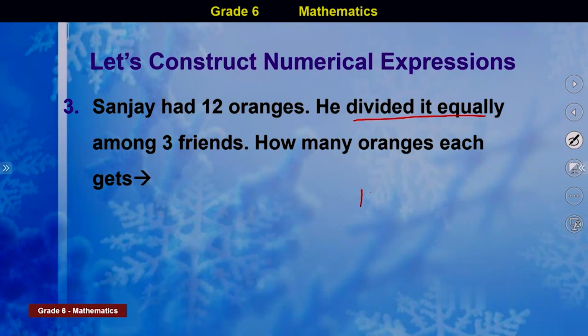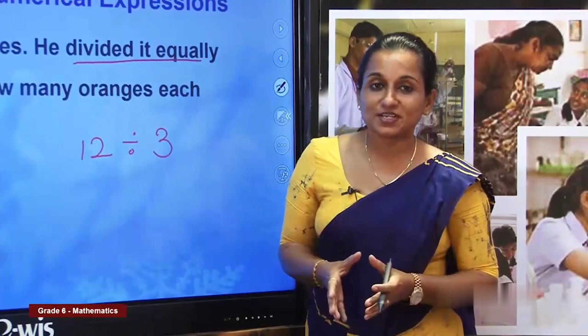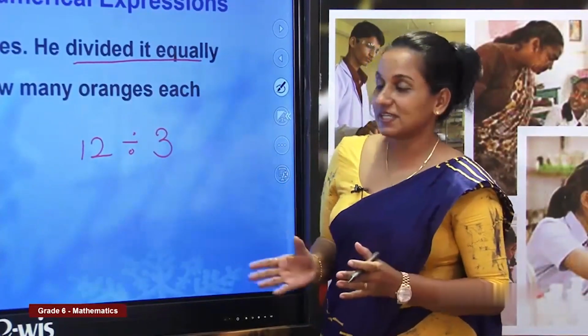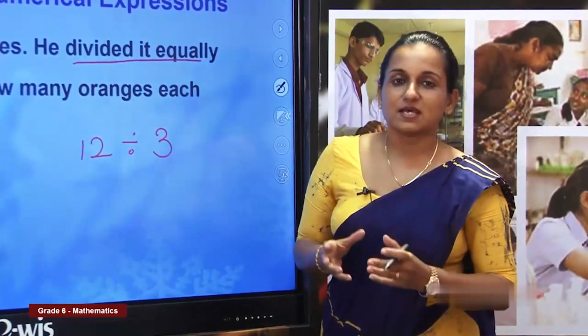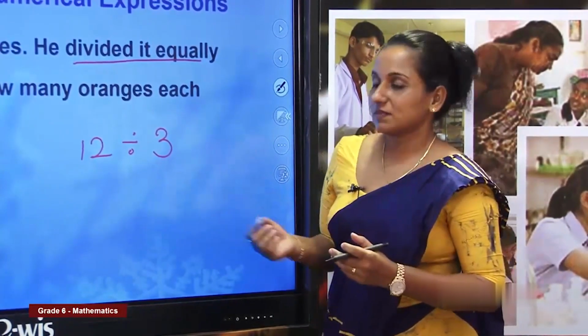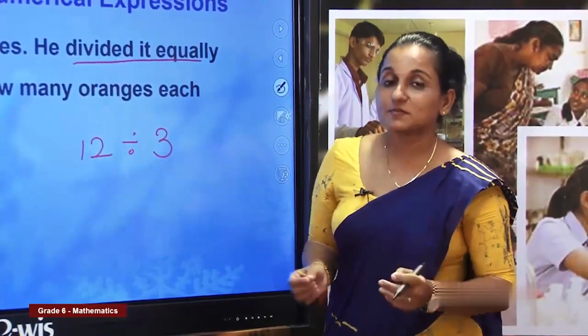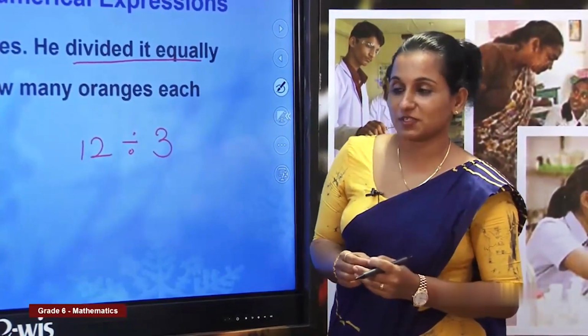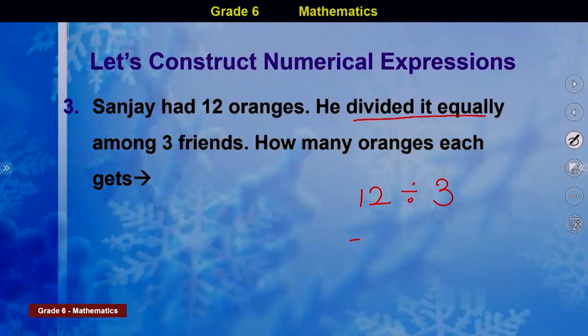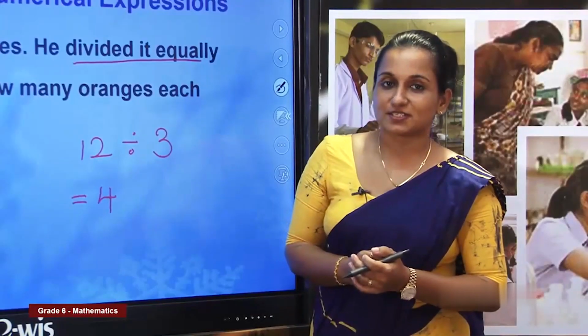When we divide 12 by 3, the answer is 4. Then each got 4 oranges.